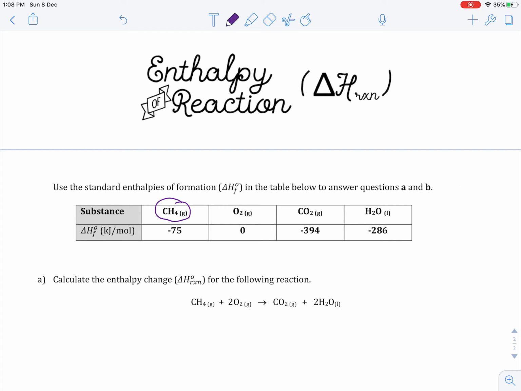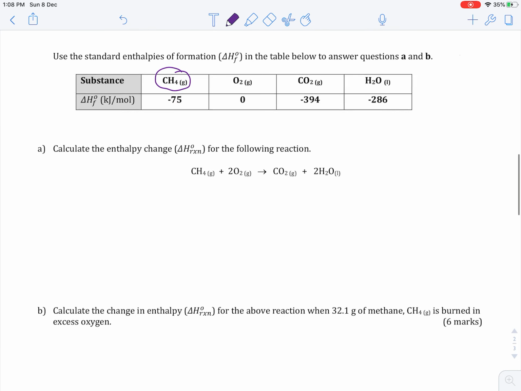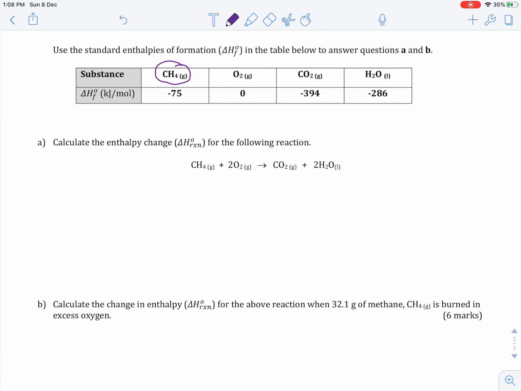Question A is calculate the enthalpy change for the following reaction. You're going to be using the table and the reaction to calculate delta H. So think of the formula that you're going to be using. We've got delta H reaction is going to be equal to the sum of all of the delta H formation of the products.